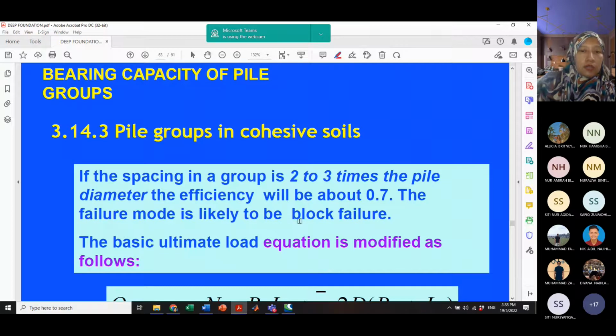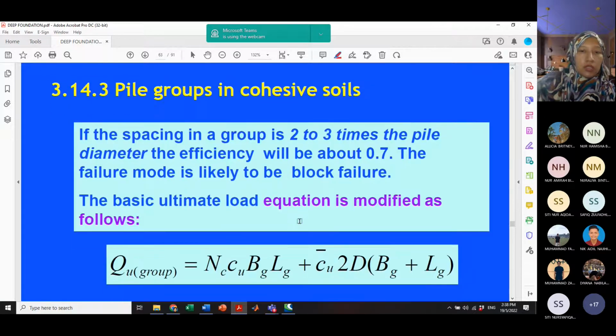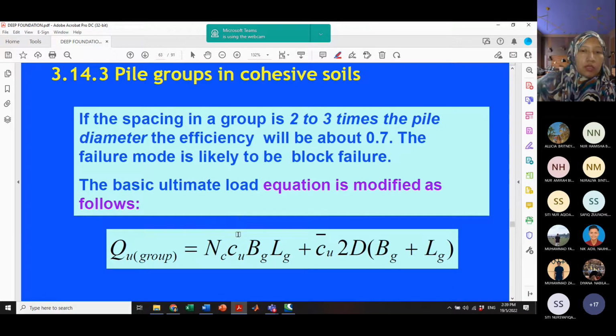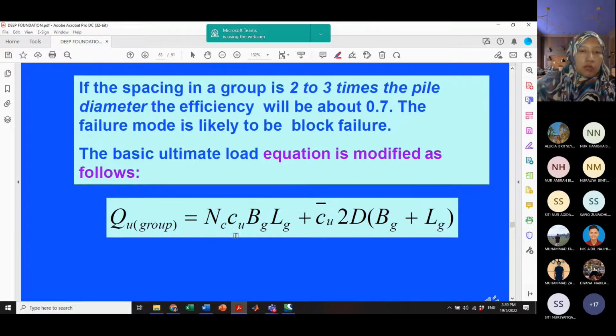So for piles in cohesive soil, pile group in cohesive soil, to estimate the ultimate bearing capacity, the equation is modified as below, that is Nc Cu Bg Lg plus average Cu 2D times Bg plus Lg.